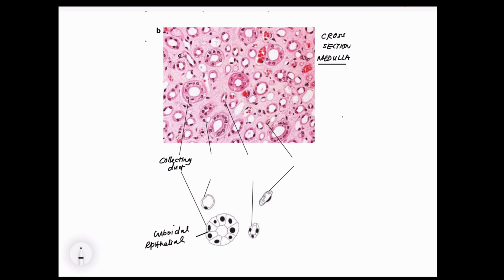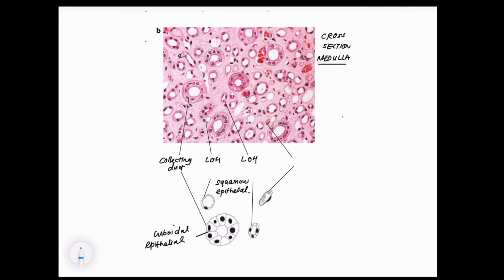And for loop of Henle, the cells are flat and thin, only showing the nucleus that is prominent. This is known as squamous epithelial. That's a feature of the cells, and it's known as loop of Henle. The other one is also known as loop of Henle. So what's the difference between these two? One actually has a thicker wall and the other one has a thinner wall.